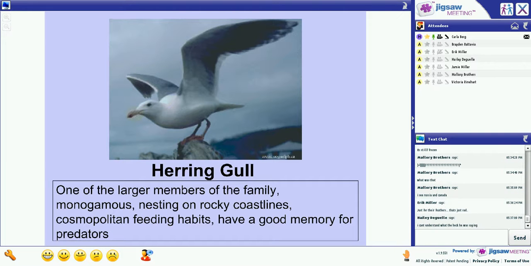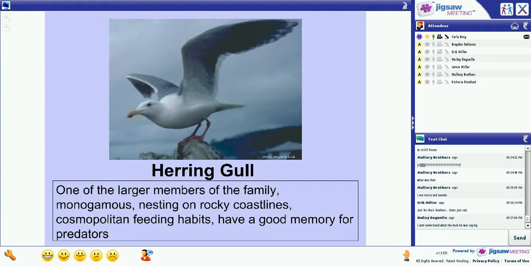All right, very good. So these herring gulls, if you live near the ocean, go ahead and just read the slide then, Haley, if you couldn't understand what she was saying. Herring gulls, if you live near the ocean, you probably have seen these gulls. They're not only in the Arctic, they're common along most coasts.